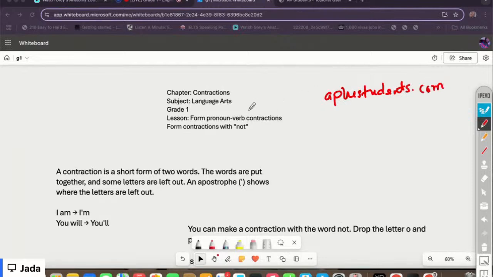Then you click on your name, you move on to language arts. Then we have grade 1, and you scroll down until you find the chapter contractions. We have the lessons for today, which are form pronoun verb contractions and form contractions with not.